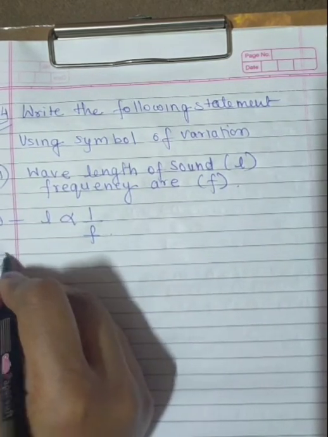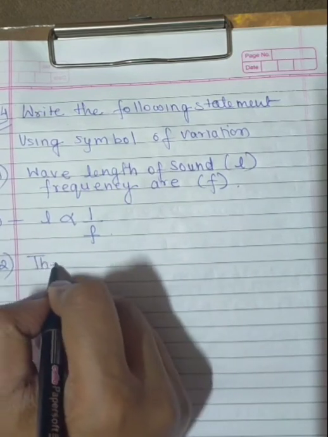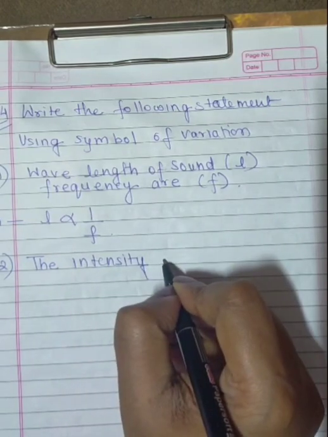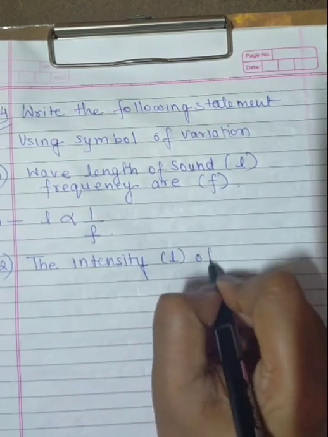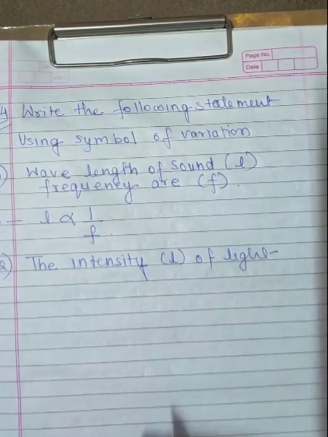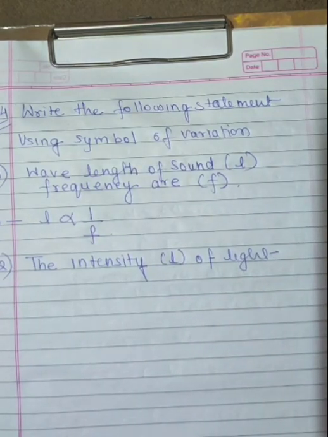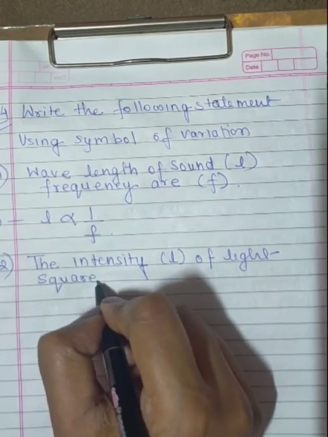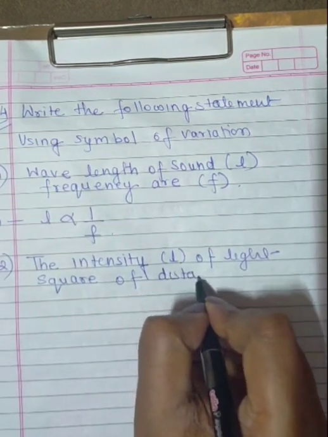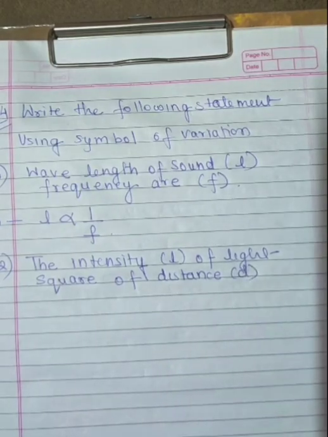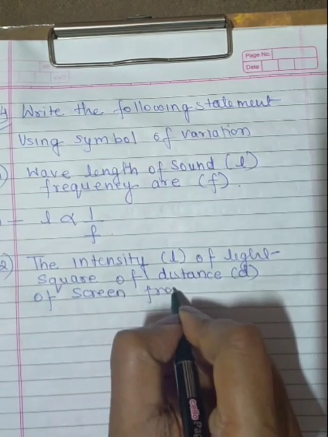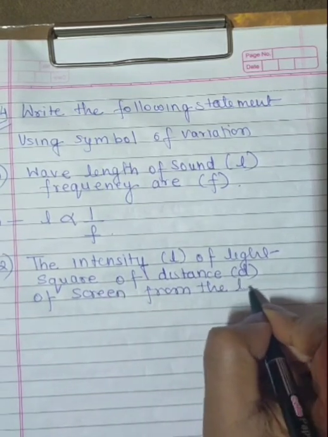The second one is given: the intensity L of light varies inversely with the square of the distance d of the screen from the lamp.